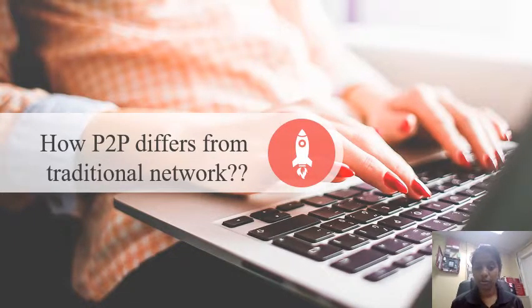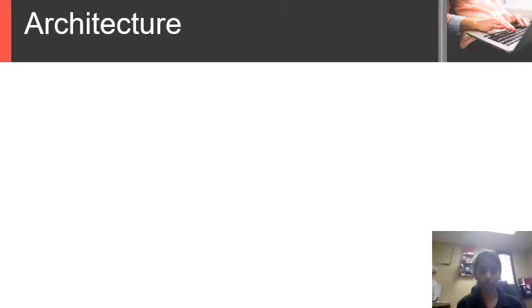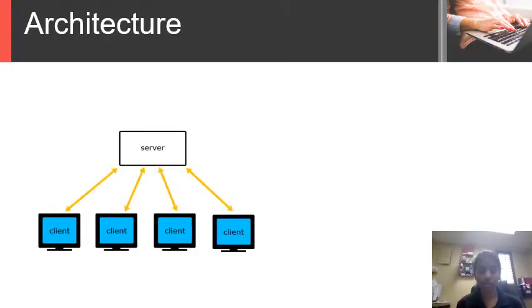Let's look into how peer-to-peer network differs from the traditional network. Let's look into the architecture. On the left-hand side, you can see the example of a client-based network architecture, or the traditional network architecture.